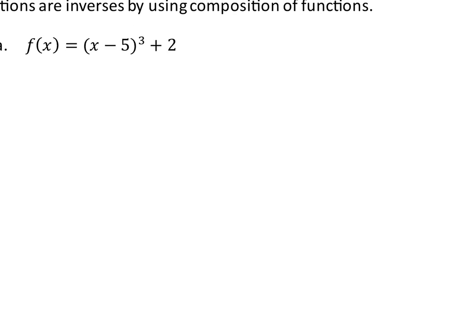This is basically our basic cubic function, which remember has this snake shape. And all we've done is shift it 5 to the right and 2 up. We have not changed its basic shape in any way. And so it is one-to-one.